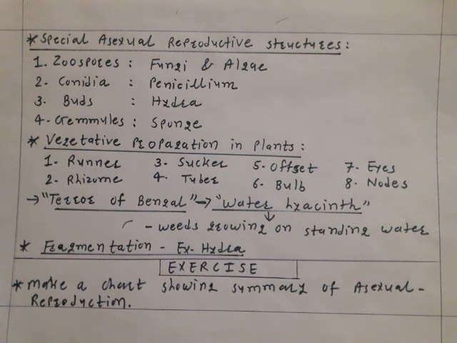In your surroundings also, there are some plants, some animals, living organisms which reproduce asexually. Some special structures are observed. So you can also study your surroundings for this purpose.